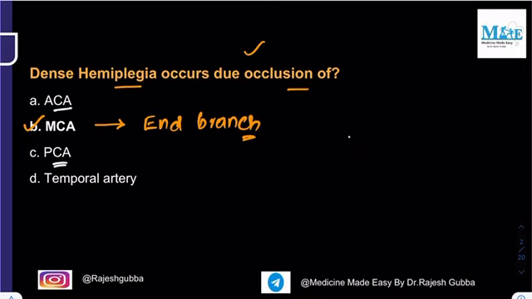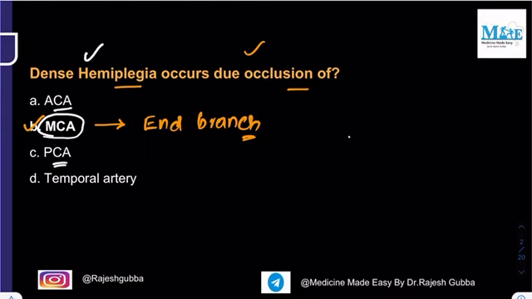And for the posterior cerebral artery also, you have the posterior communicating artery. So they form the anastomosis, which is nothing but your circle of Willis. But the middle cerebral artery doesn't have communication with any of the other vessels. So it's a terminal branch both on the right and as well as the left. So whenever the MCA is blocked, the individual will develop dense hemiplegia.